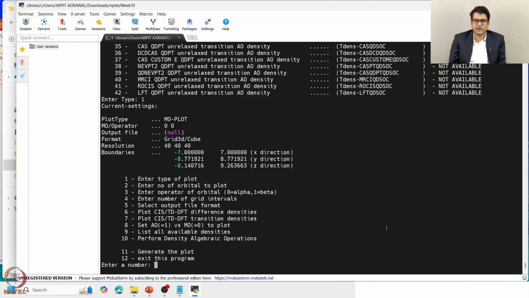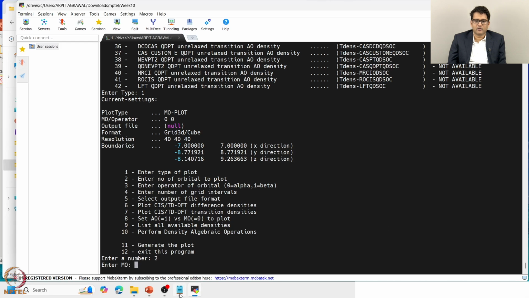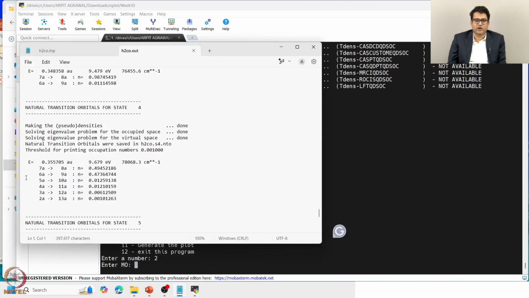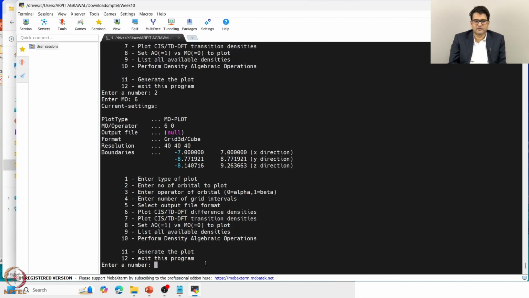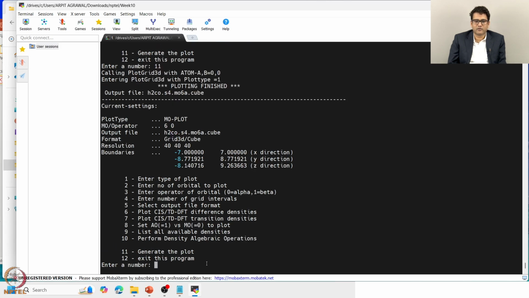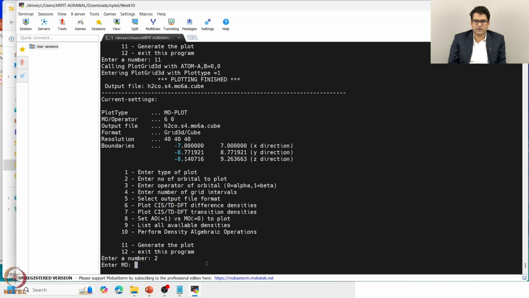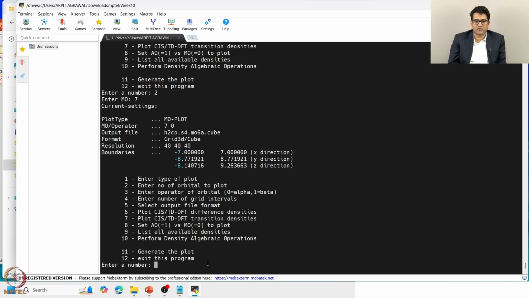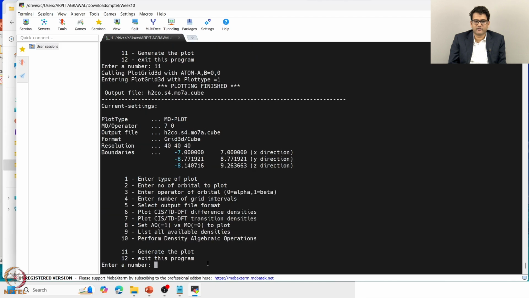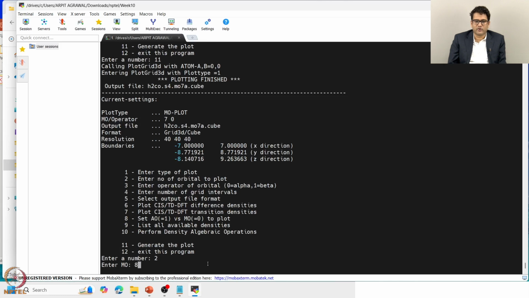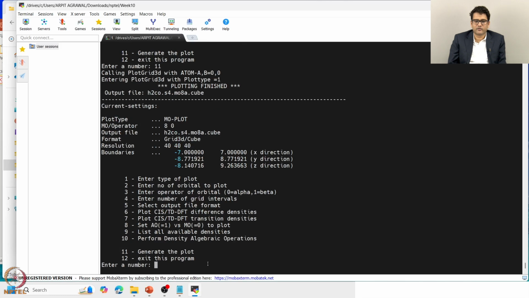Then the number of orbitals to plot. I have to now give the MO number. I need to plot 6, 7, 8 and 9. So, let me plot first 6, and generate the plot. I now need to change the number, and again generate the plot for 7. I will again go to option 2, put orbital number 8, and generate it.